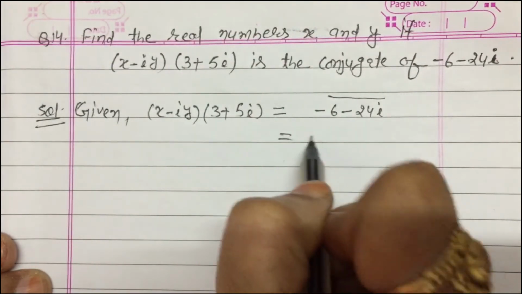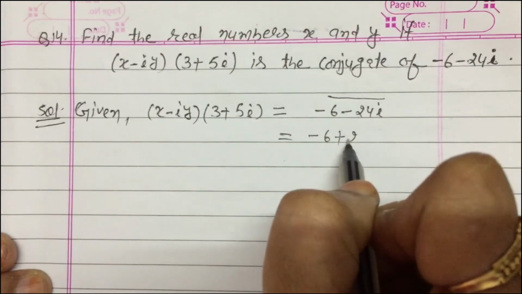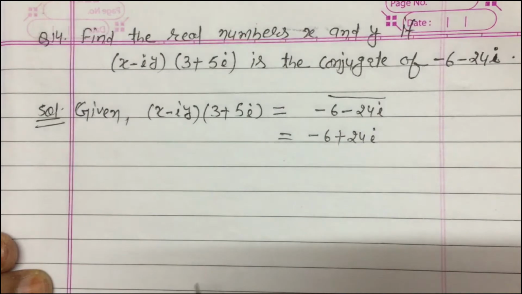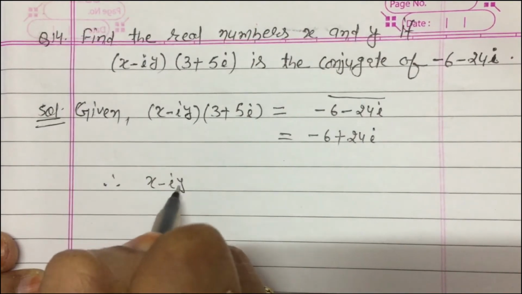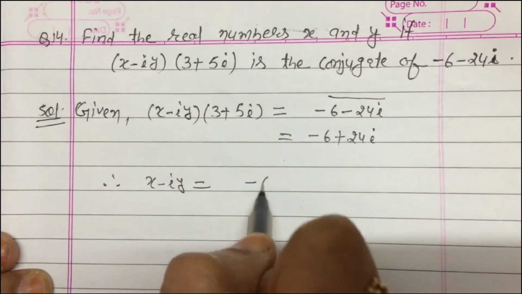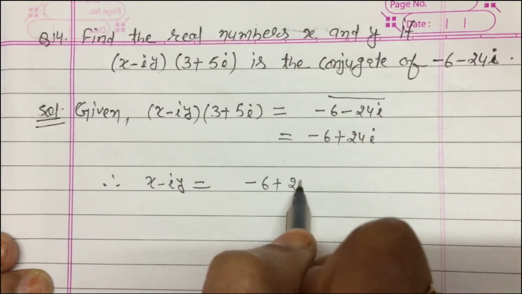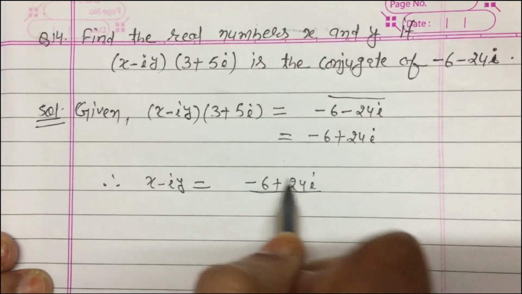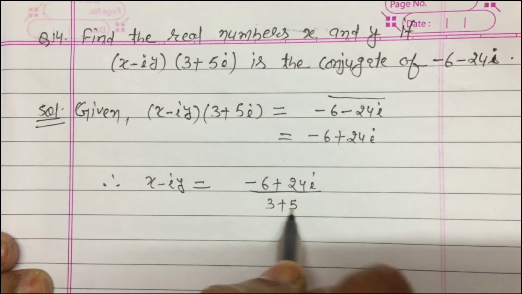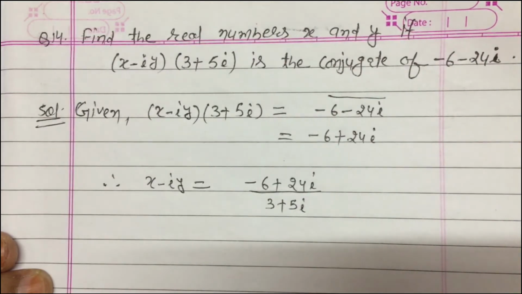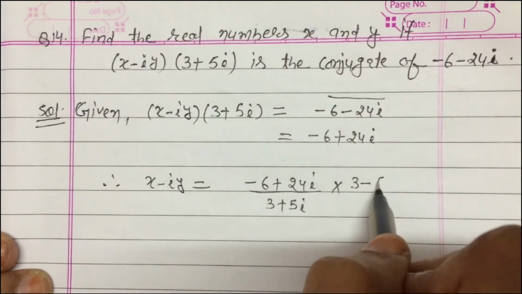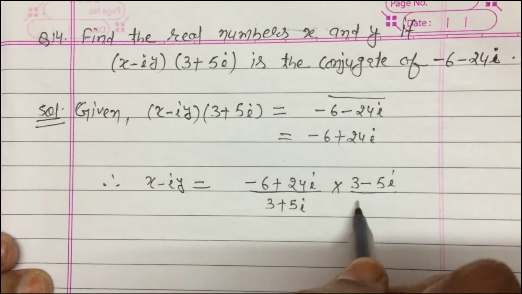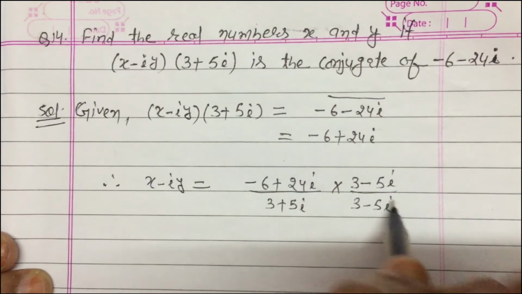So it is minus 6 plus 24i. So from here x minus iy is equal to minus 6 plus 24i divided by 3 plus 5i. Now rationalize, it means multiply by 3 minus 5i, and divide by 3 minus 5i.